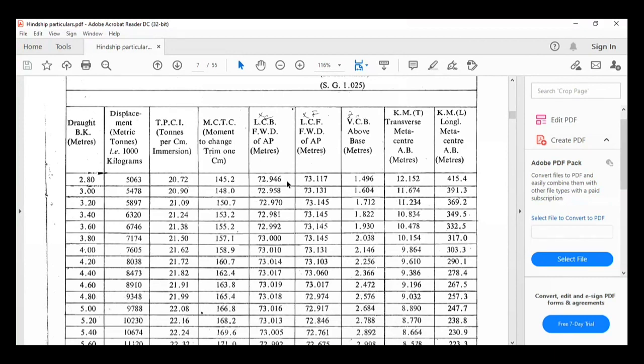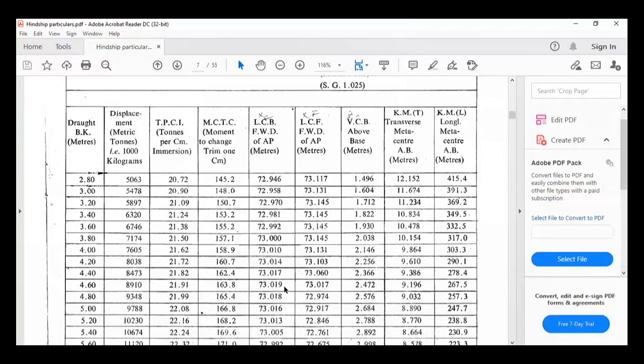As the draft increases, now look at the LCB. It is increasing up to 4.6.